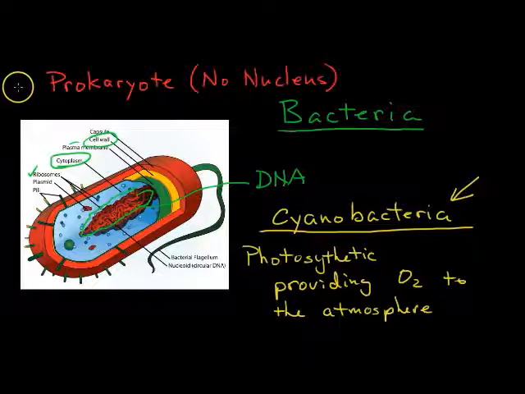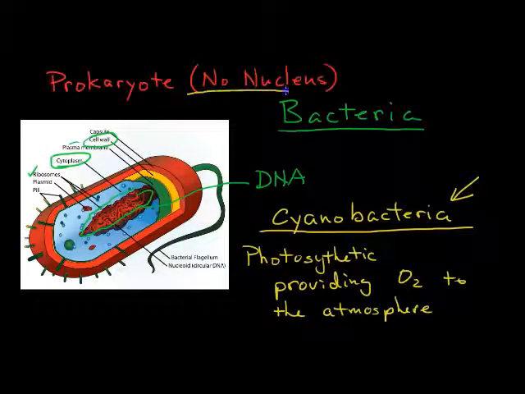I think it's supposed to be prokaryote, but I've gotten into a bad habit of pronouncing it a different way. So anyway, prokaryote has no nucleus. It does have some aspects that they also share with eukaryotes. The most important bacteria is Cyanobacteria, and it is responsible for providing oxygen to the atmosphere in ancient Earth.